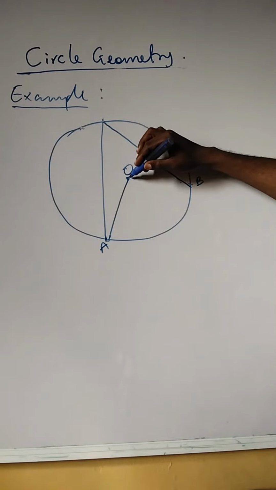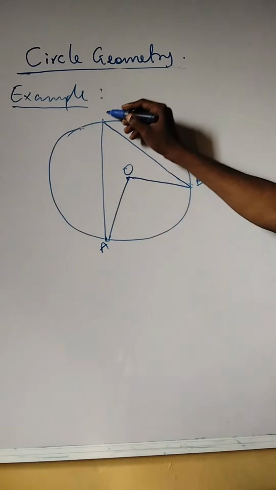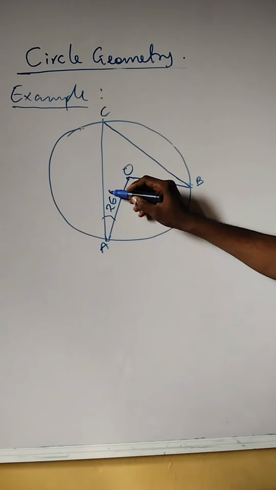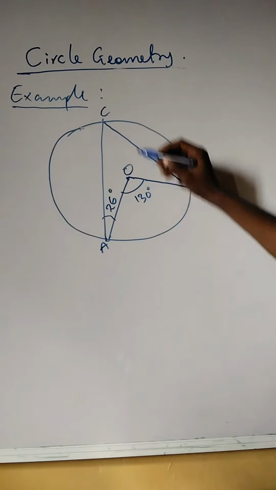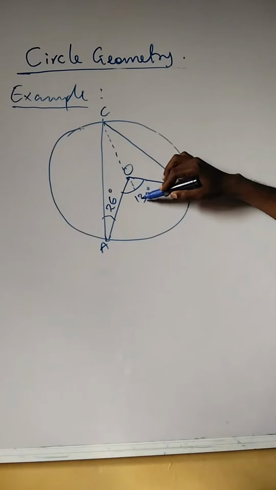Okay, sorry. We have this here. This point is point C, and this angle is labeled as 26 degrees. This angle is labeled as 130 degrees. And they put a line here, like a construction line here.